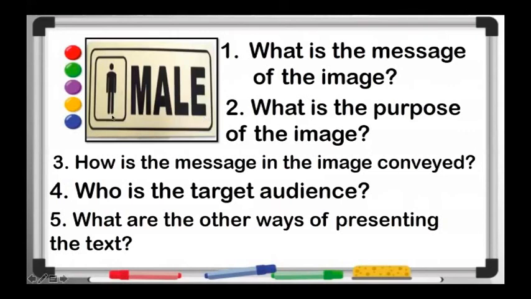Or you can simply remove the word male and just use the male icon, or remove the male icon and just write the word male. So it will always depend on you, depending on the culture that you have in creating the image or the signages. That is where your creativity in presenting the text will come in.